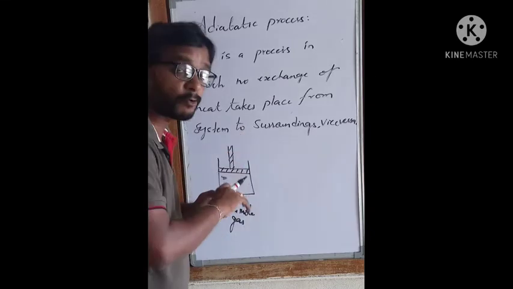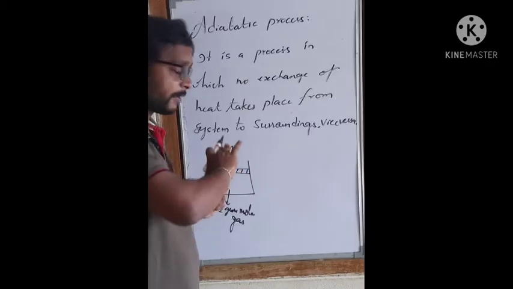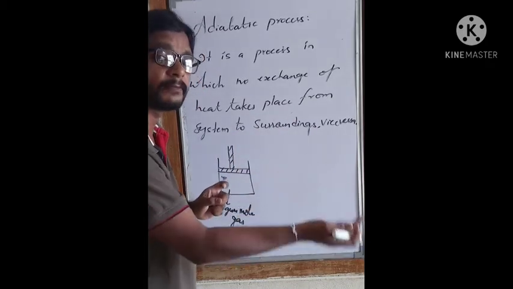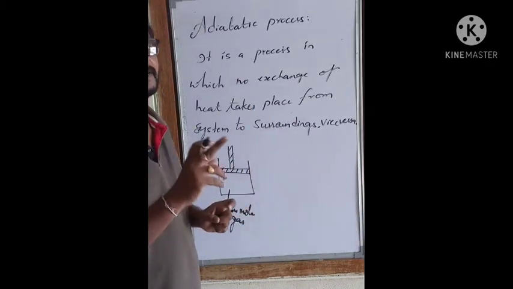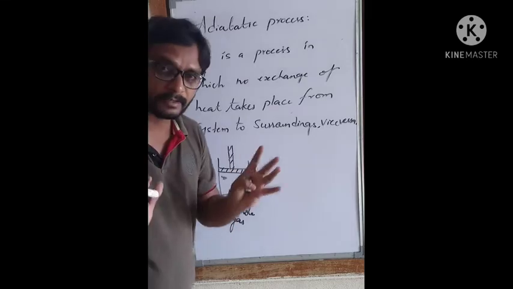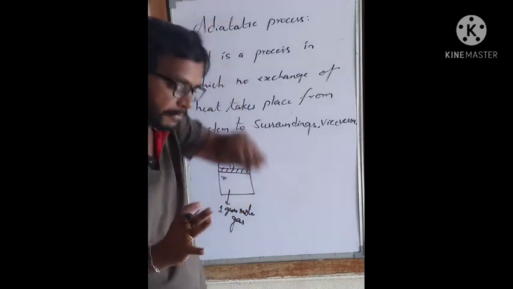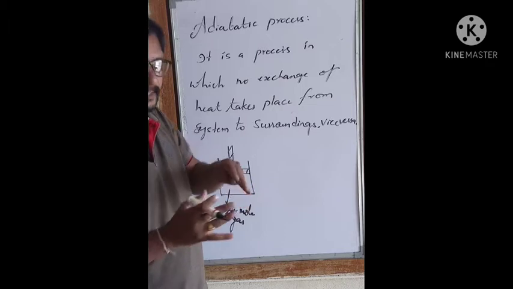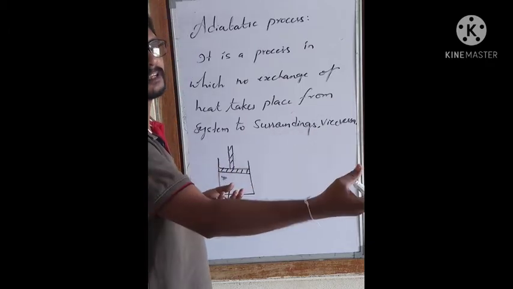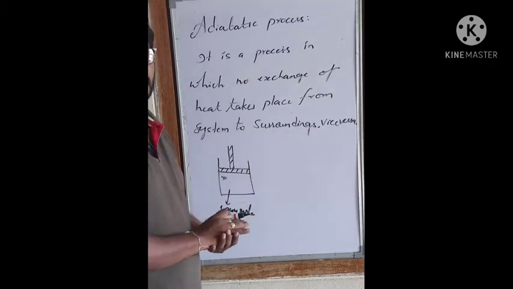Right? So there is no exchange of heat from surroundings to system and system to surroundings, unlike isothermal process. In isothermal process, what happened when we compress it slowly? The developed heat is given to the surroundings to make the temperature constant.